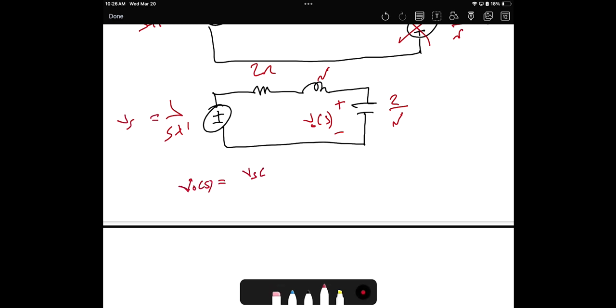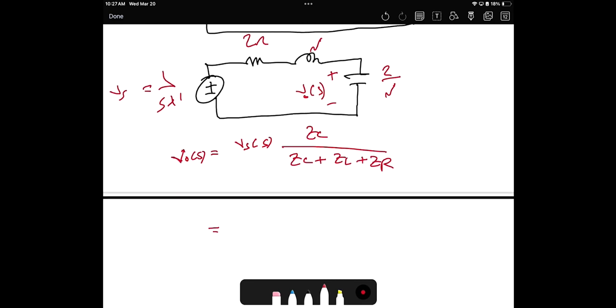Vo is equal to V source of s times the impedance of the capacitor over the impedance of the capacitor plus the impedance of the inductor plus the impedance of the resistor. In other words, you can substitute the values. V source, which is 1 over s plus 1, times ZC, which is 2 over s, divided by 2 plus s plus 2 over s.